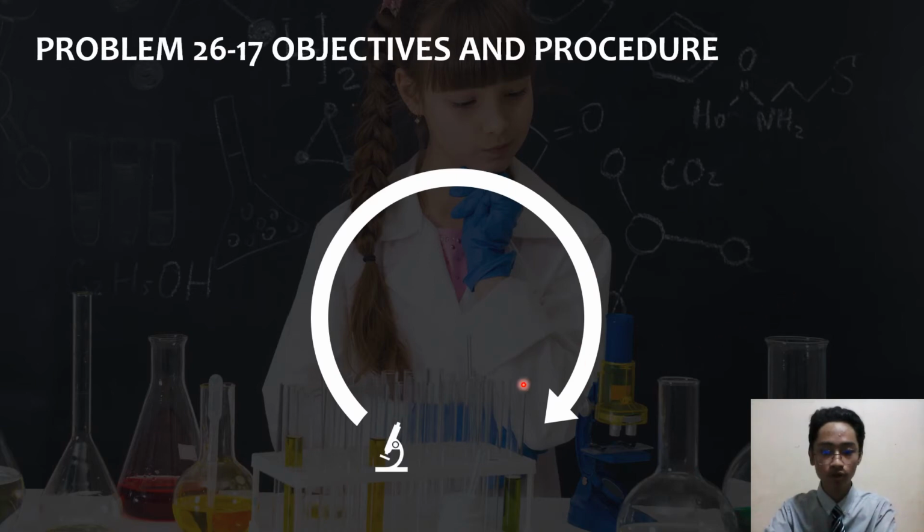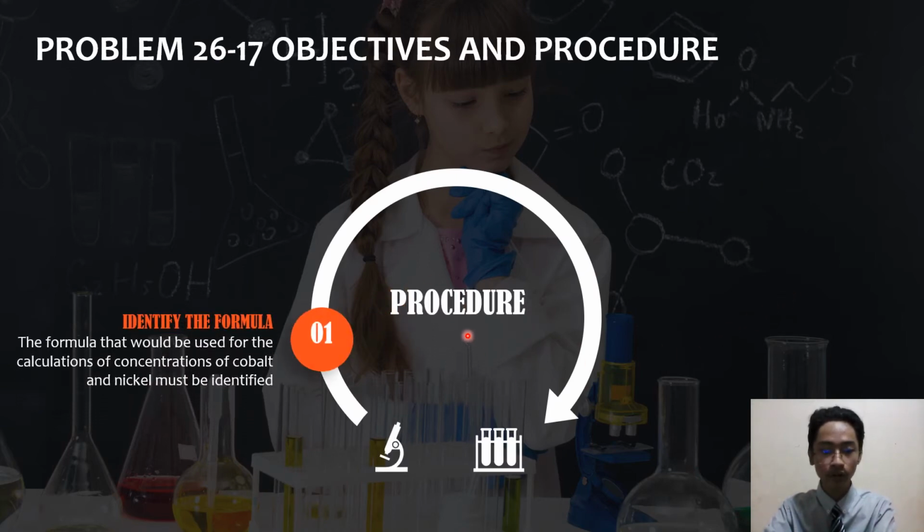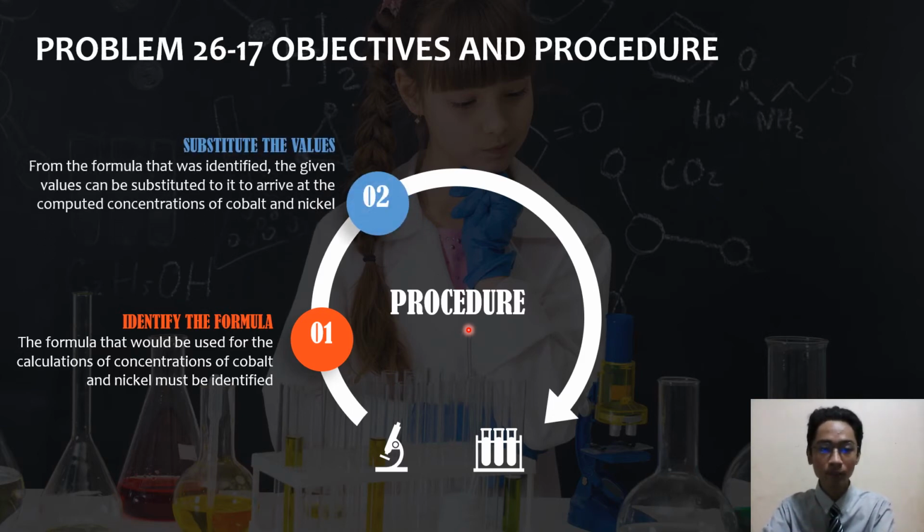For our procedure, first, the formula that would be used for the calculations of concentrations of cobalt and nickel must be identified. Second, substitute the values from the formula that was identified. From the formula that was identified, the given values can be substituted to it to arrive at the computed concentrations of cobalt and nickel.